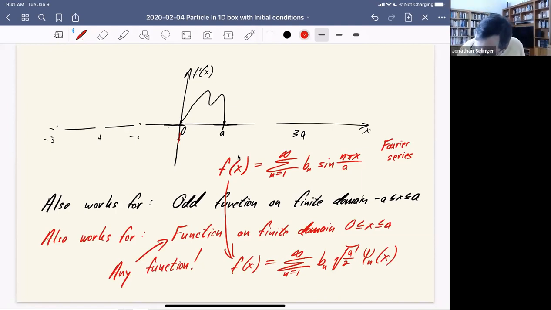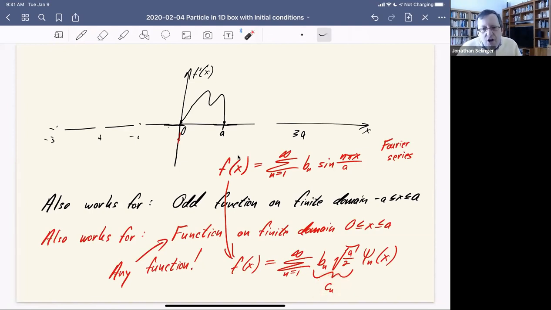And then let's take this thing and call it Cn. So the business of determining Fourier coefficients is equivalent to calculating the coefficients in this expansion, the Cn's.